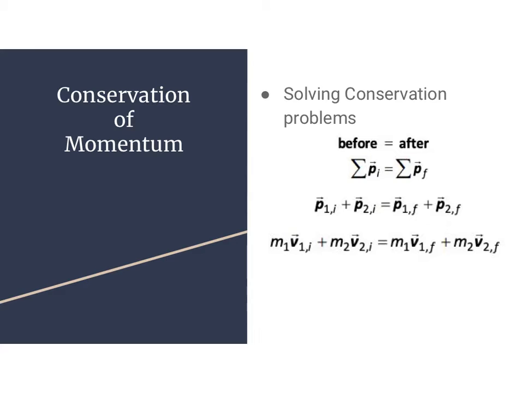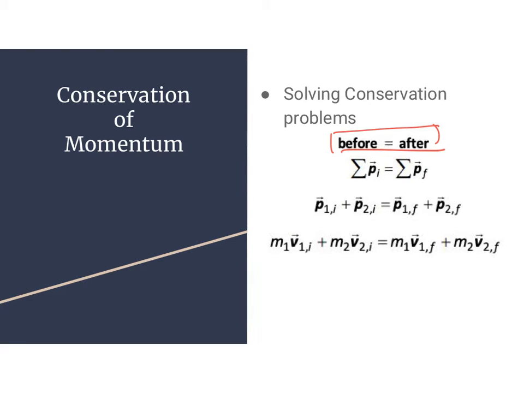So, anytime we have a closed system where we identify the momentum being conserved before and after our collision, we can say then that the before and after are the same, which is what we're saying here. But the before and after what? Well, the before and after momentum.